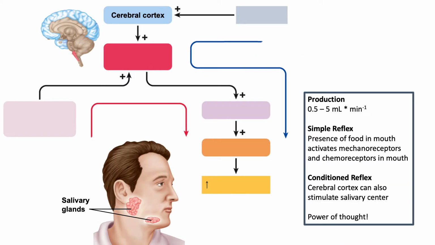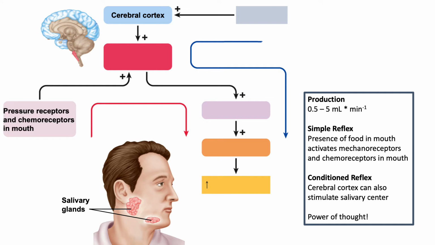We said that salivary secretion is continuous to prevent the mouth from drying out, but we can reflexively increase salivation. And this can occur via two reflexes, a simple reflex or a conditioned reflex. The simple reflex occurs when we activate chemoreceptors or pressure receptors within the mouth, right?